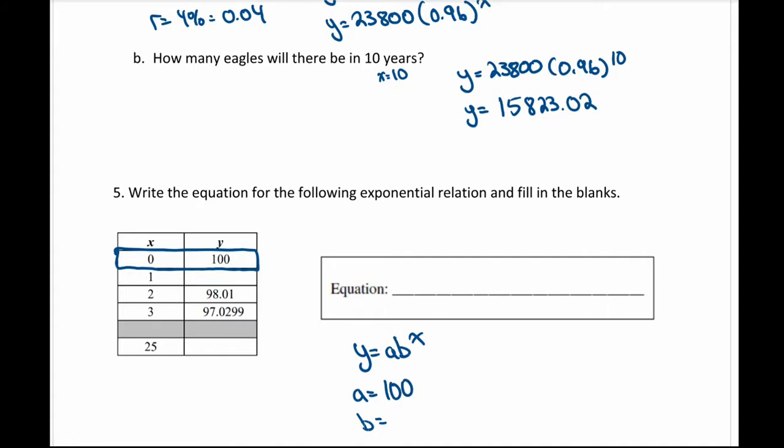For the b value, I need to figure out what the ratio is. So I look at my two terms. I only have two values back to back here. So I'm doing the second term, 97.0299, divided by the top term, so bottom divided by the top, and when I do that, I will get my ratio.